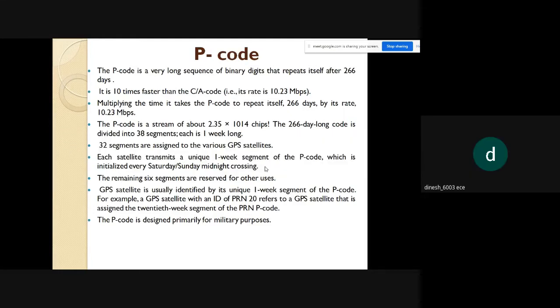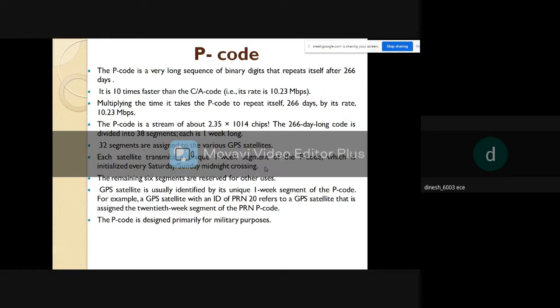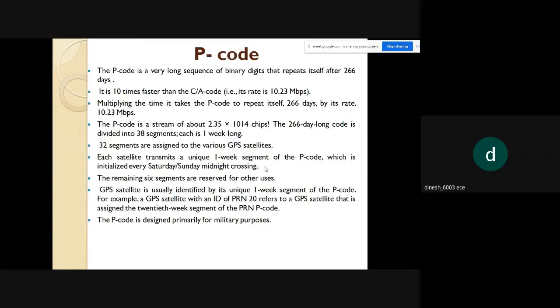This means that the P code system is 10 times faster than C/A codes. This code will give us a data rate of approximately 10 times faster than your C/A codes.